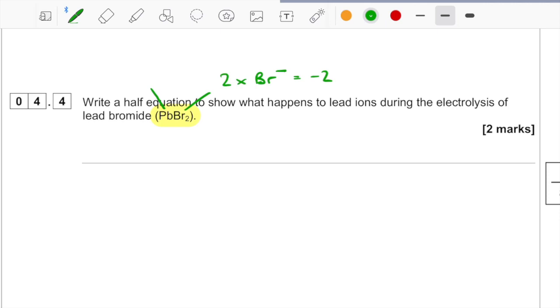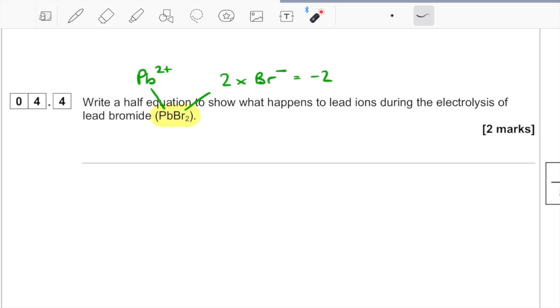So if we've got a total charge from 2 bromide ions of -2, and we know that the overall charge in the compound is 0, then that tells us that lead must be 2+. That is how these numbers cancel out to form our overall uncharged compound.